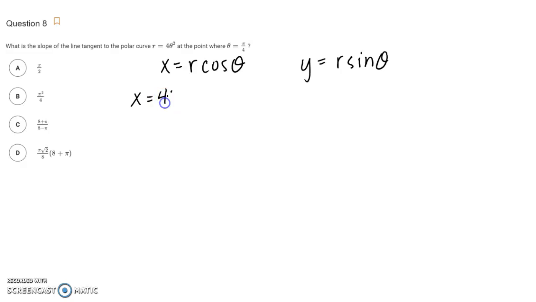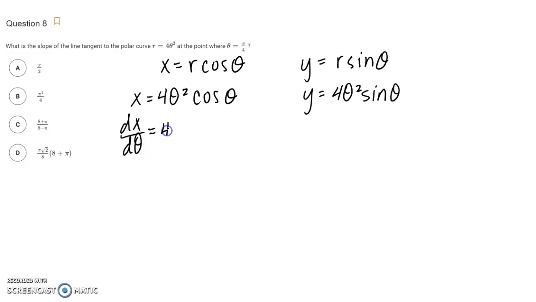So that would have been r cosine theta. And then y in terms of theta, given equation for r, times the sine of theta. So now when you go through and find the derivative, dx d theta, theta is your variable, first times the derivative of the second, plus second times the derivative of the first.